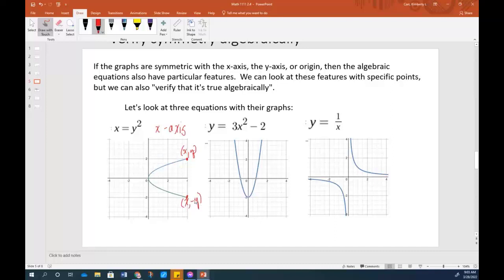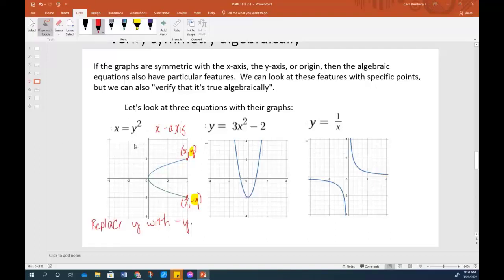If you wanted to verify it algebraically, what you can do is replace y with the negative of y. So if you take this y value and replace it with the negative y, you should end up with the same value.